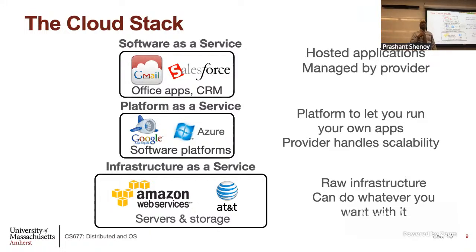Now, in this case, you are going to be billed by the number of users that are accessing your application. They will monitor, saying you got 100,000 requests last month, I will charge you a penny or some fraction of a penny per request, so your bill is going to be this much. And the cloud provider will take care of figuring out how many servers to allocate to your application.